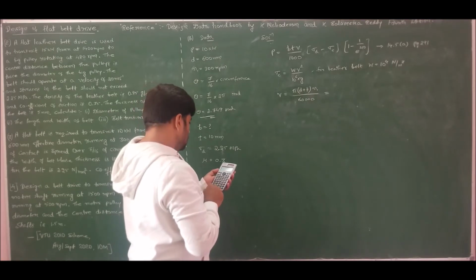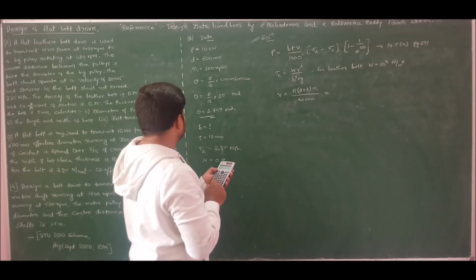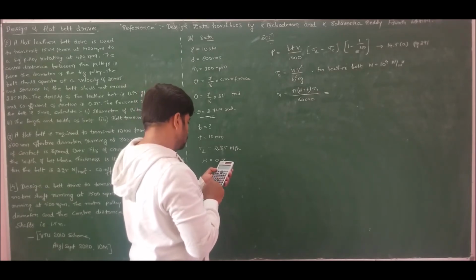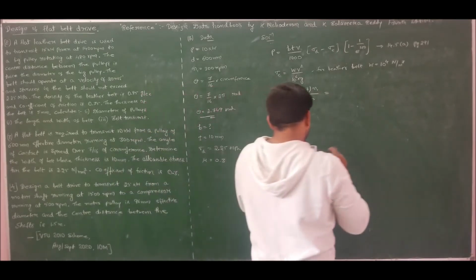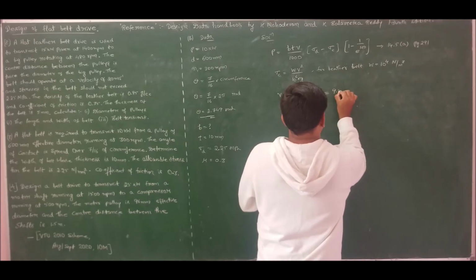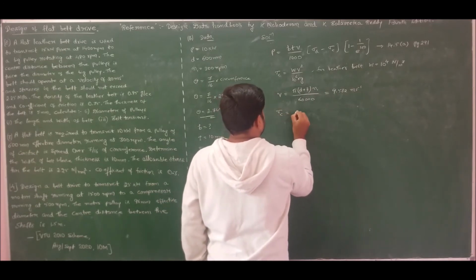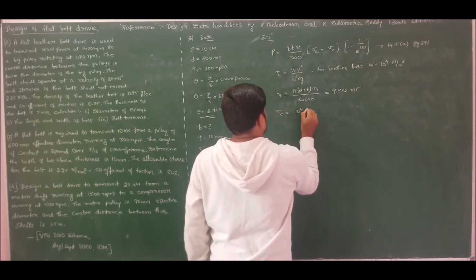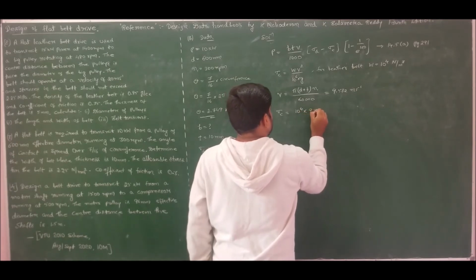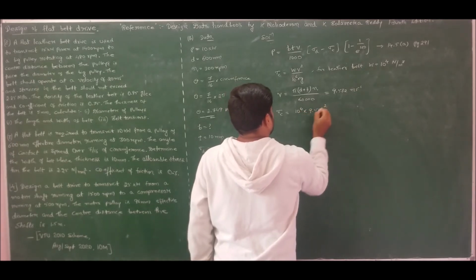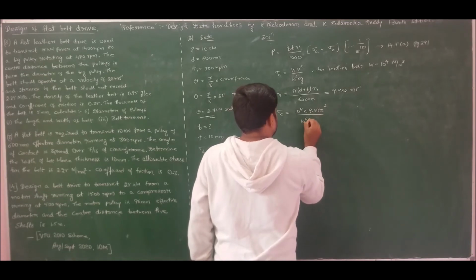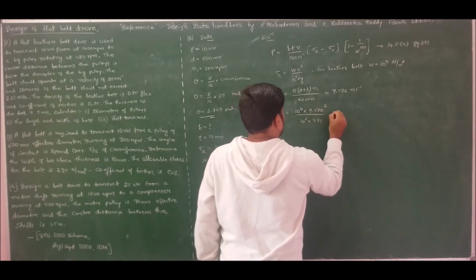So diameter is 600, thickness is 10 mm, into speed 300, divided by 60,000. Velocity is found to be 9.582 meters per second. So therefore sigma c will be 10 to the power of 4 times 9.582 square divided by 10 to the power of 6 into 9.81.